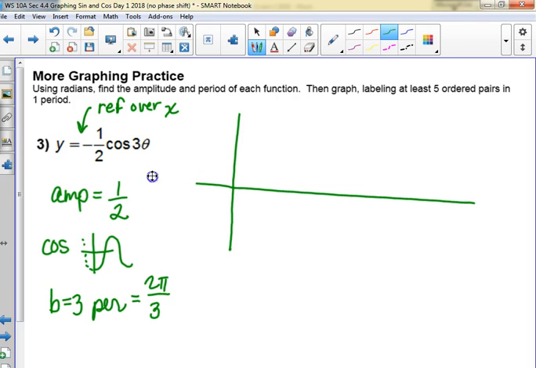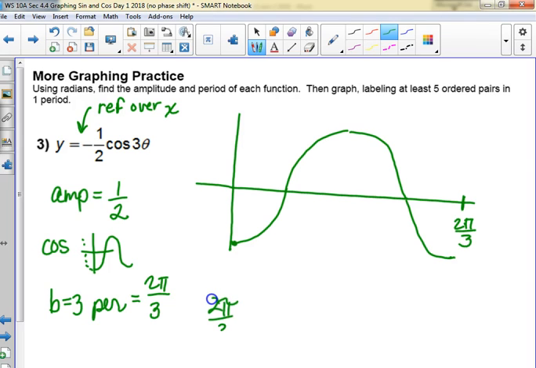So because it was reflected, it's going to start down here. We have a quarter, circle, a quarter, circle. Oh, that was really bad. And a quarter. Okay. Where it finishes here should be 2 pi over 3. Okay, 2 pi over 3.